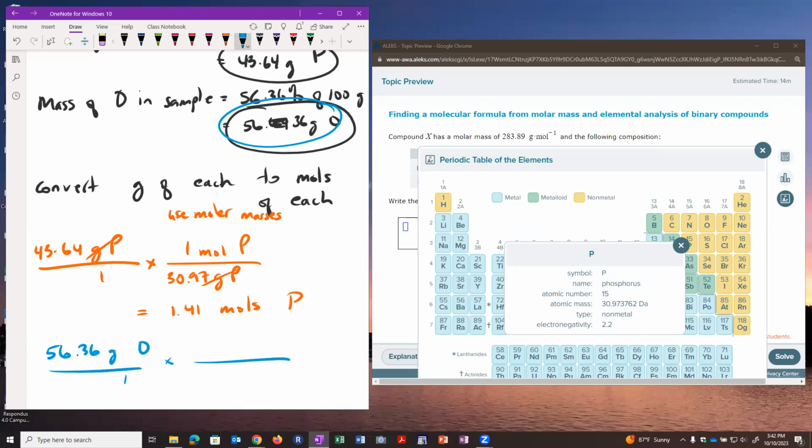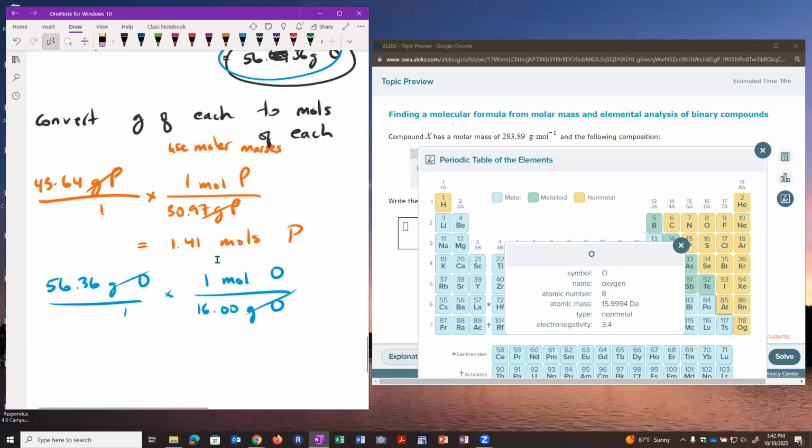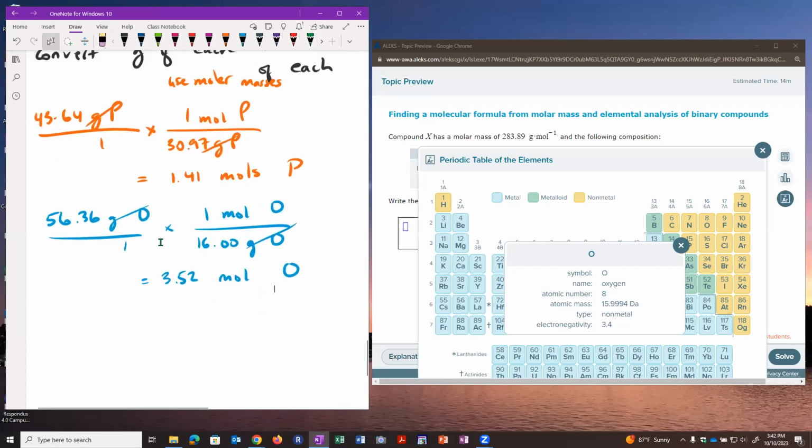Use the molar mass of O now, which is 16.00 grams of O for every 1 mole of O. Grams go away, and I just divide 56.36 by 16. It's going to give me 3.52 moles of O. So what I have to begin with is a rudimentary mole-to-mole ratio.